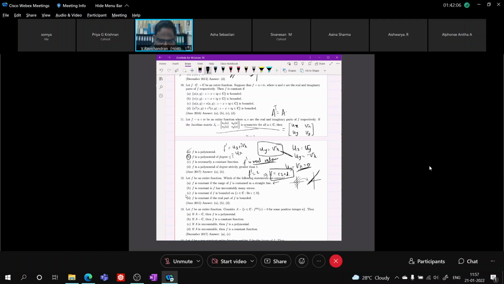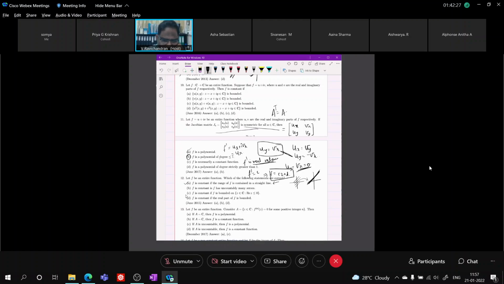If it is going to a straight line, naturally the image is not an open set, because straight lines are not open. So the function should be constant. This is coming from the Picard theorem. So A is correct.